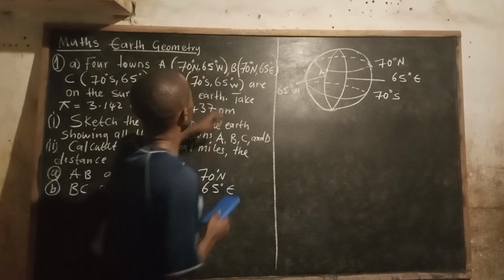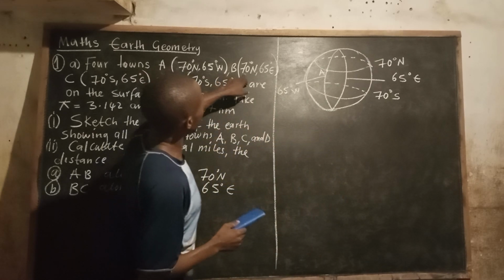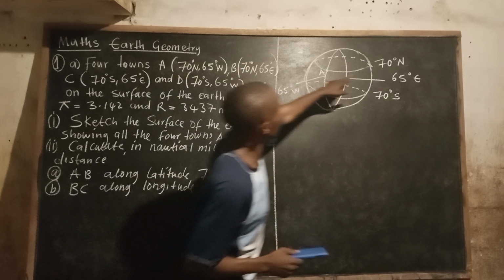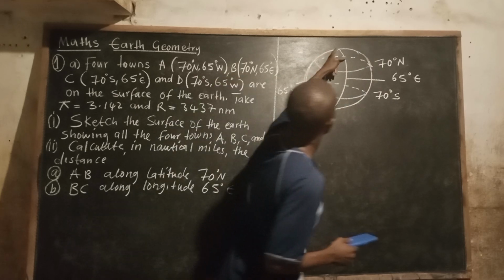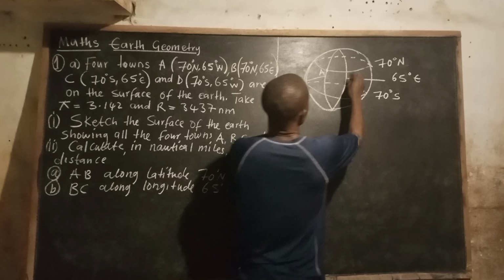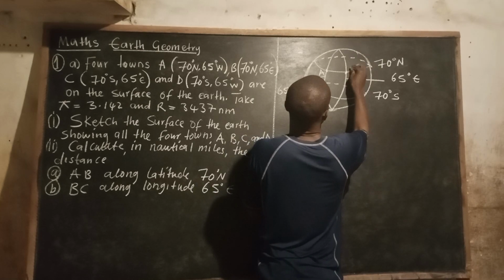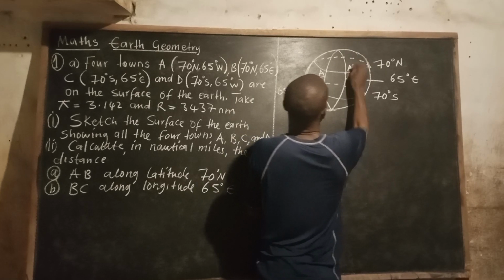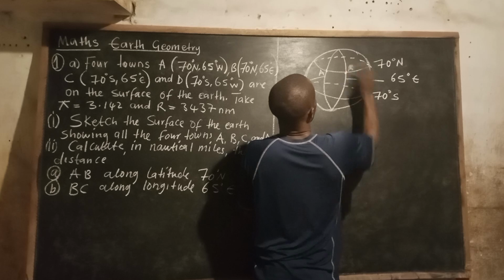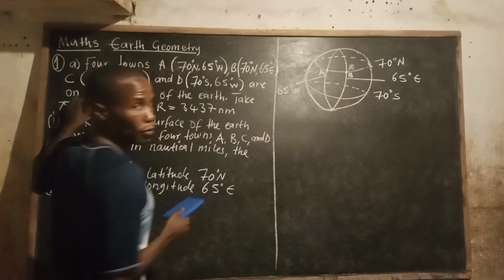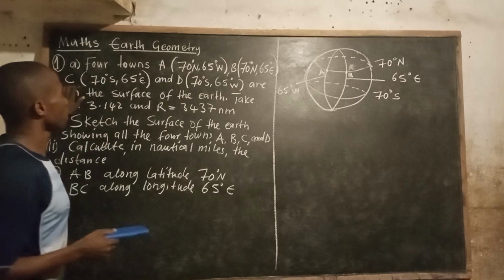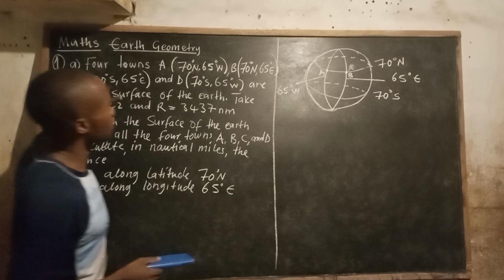Then we go to B: 70 degrees north, the same latitude line, then 65 degrees east. So B is here, and I write B down there. Then we come to C, 70 degrees south.